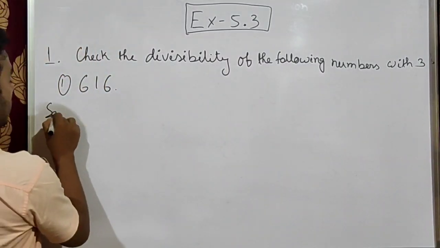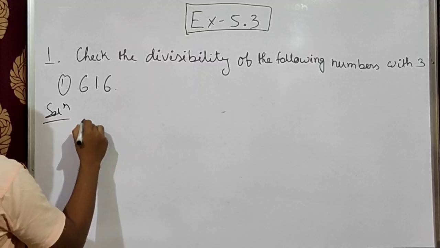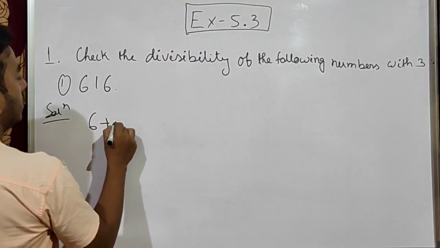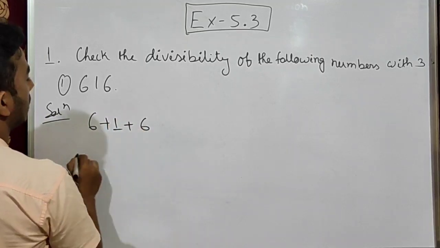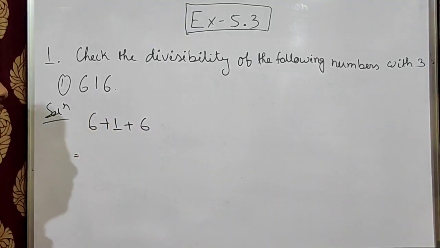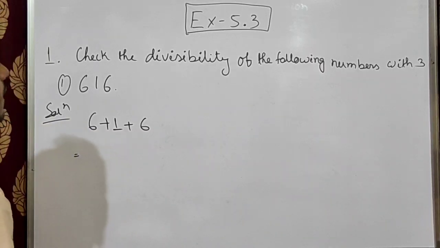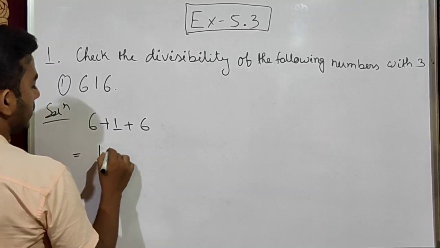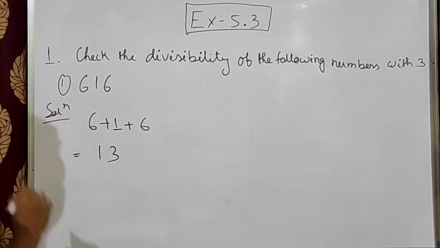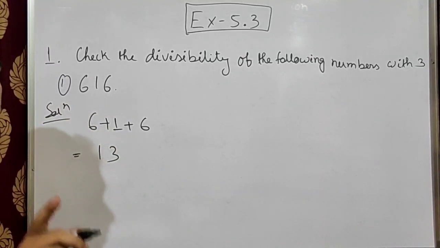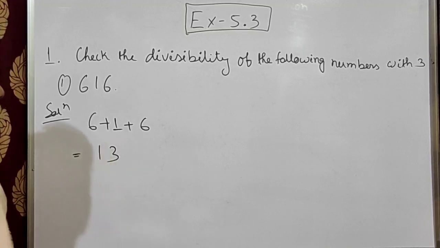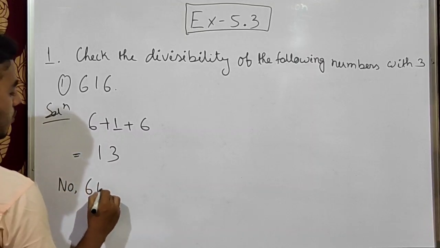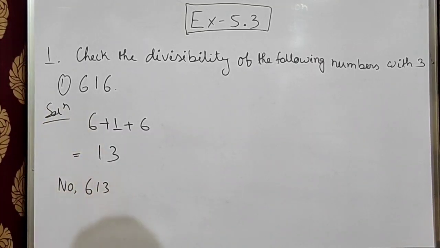So the solution: 6 plus 1 plus 6. 6 plus 1 is 7, and 7 plus 6 is 13. Now, is 13 divisible by 3? No, 13 is not divisible by 3. So we will write no, 616 is not divisible by 3.